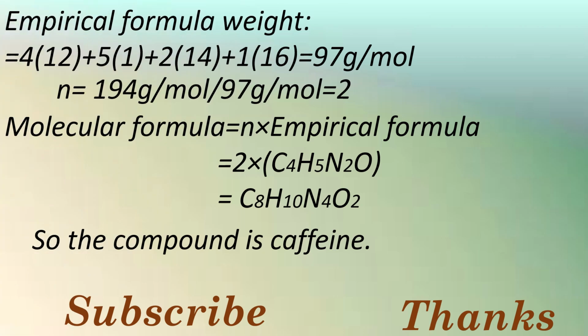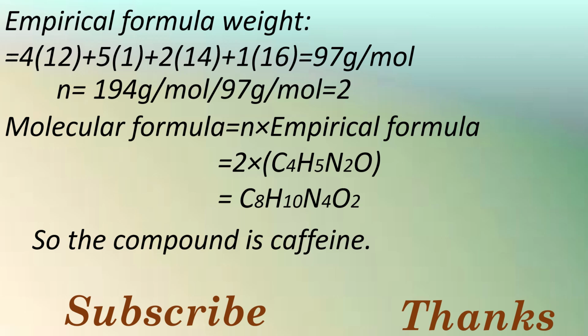We will calculate the empirical formula weight. 4 is the number of carbon atoms into 12 is the atomic weight of carbon, plus 5 is the number of hydrogen atoms into 1 is the atomic weight of hydrogen, plus 2 is the number of nitrogen atoms into 14 is the atomic weight of nitrogen, plus 1 is the number of oxygen atoms into 16 is the atomic weight of oxygen. After calculating, the empirical formula weight is 97 gram per mole.